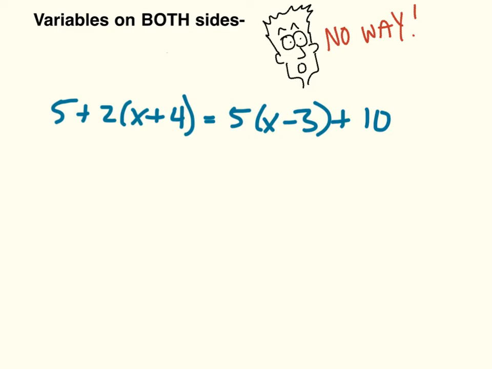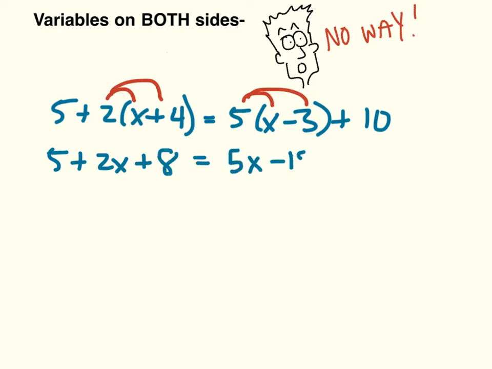Well, now what if I'm trying to solve an equation with variables on both sides of the equation? Well, this isn't too tough. Again, we're going to have to start off with the distributive property. All right, distribute this 2 into that parentheses and this 5 into here. Distributing is just multiplication, so we have 5 plus 2x plus 8 equals 5x minus 15 plus 10.